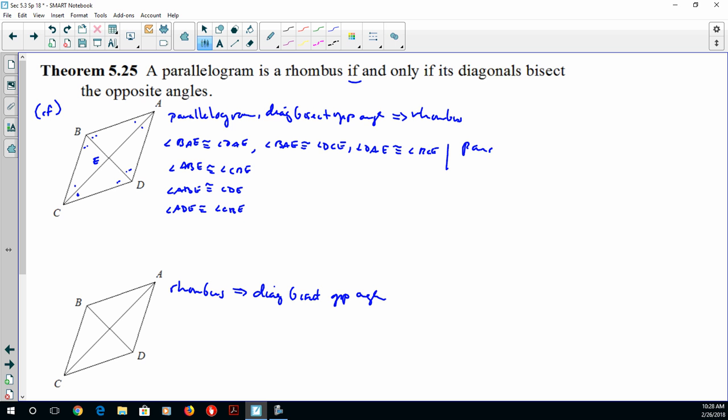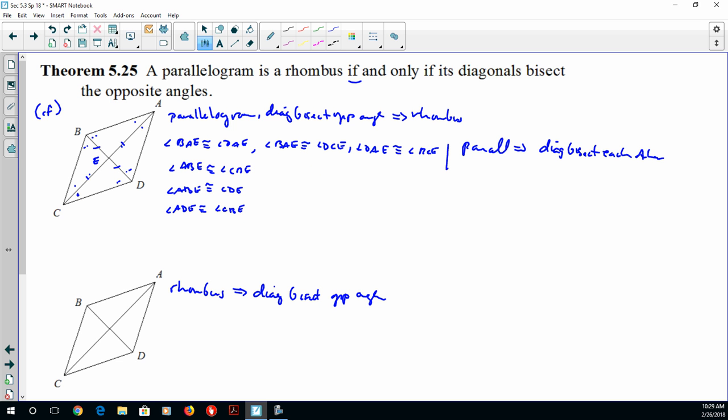Diagonals bisect each other. So this side and this side are the same. This side and this side are the same. Okay, and we've got a whole lot going on here. We've got all kinds of angle, side stuff going on.